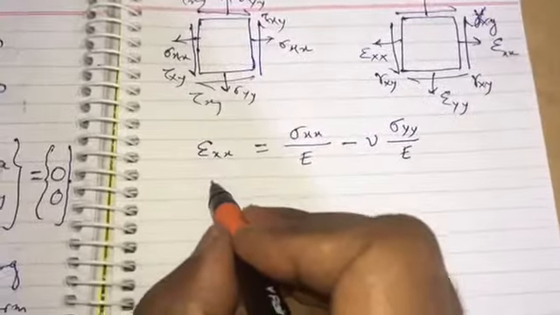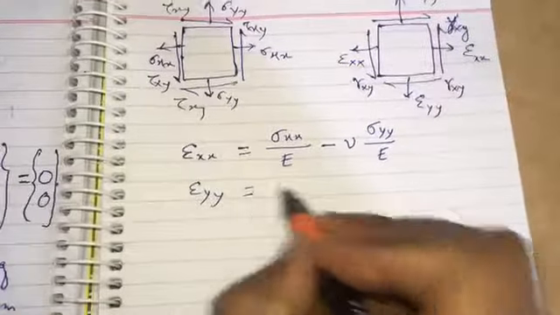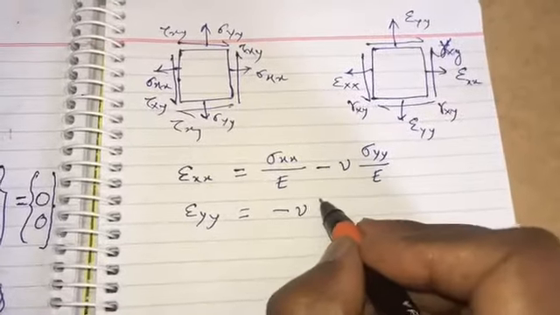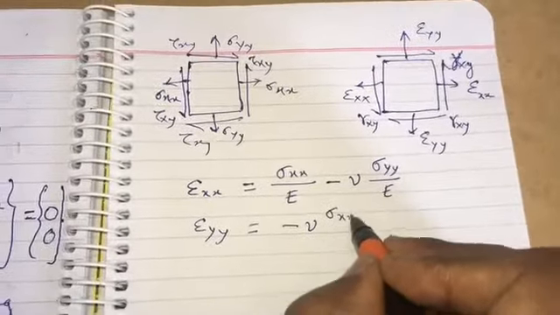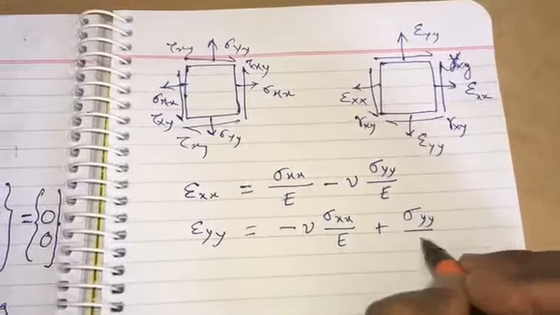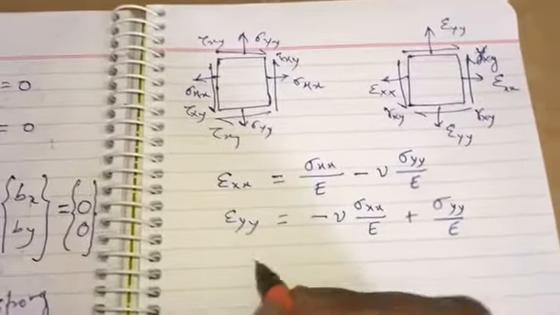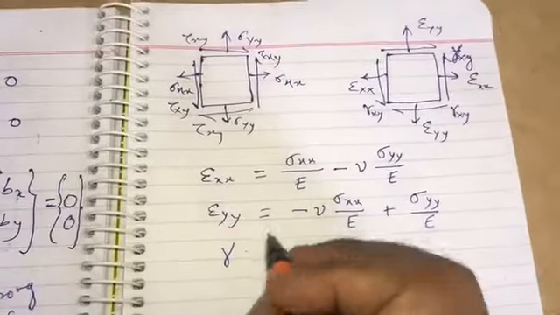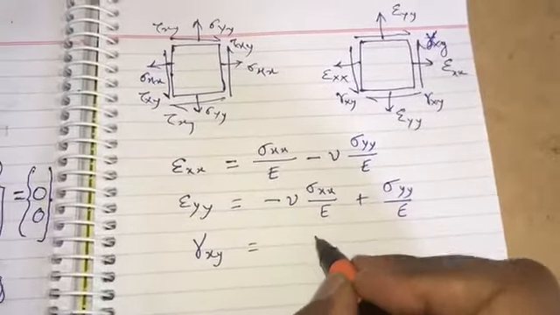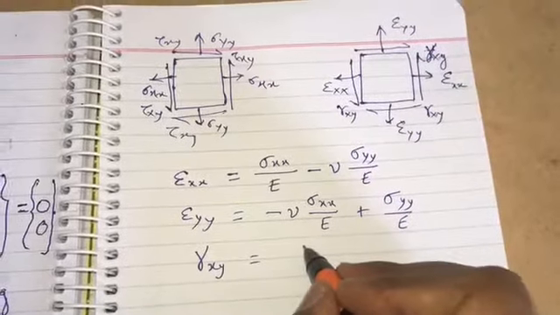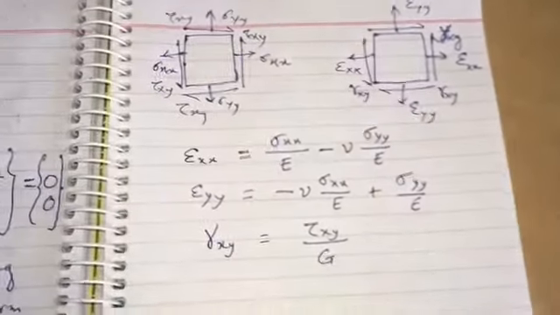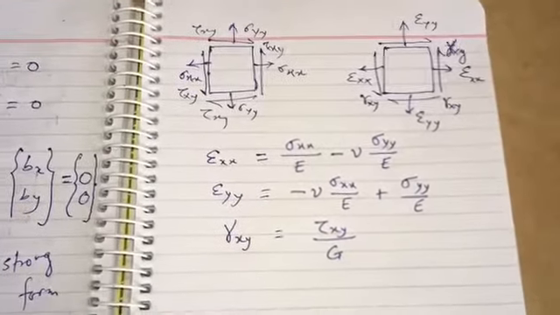Then similarly in y direction we will have minus nu sigma xx over E plus sigma yy over E, and gamma xy will be equal to tau xy over G, where G is the shear modulus.